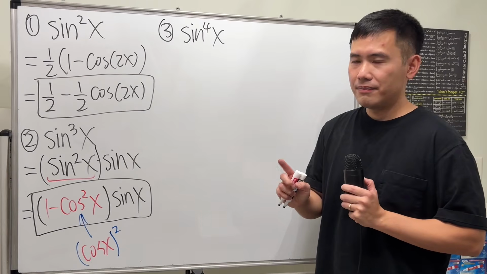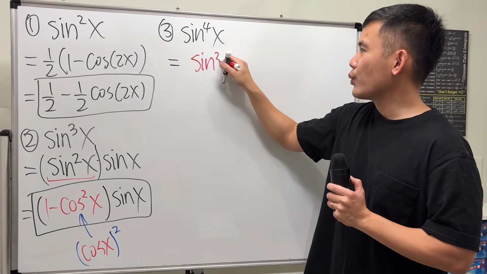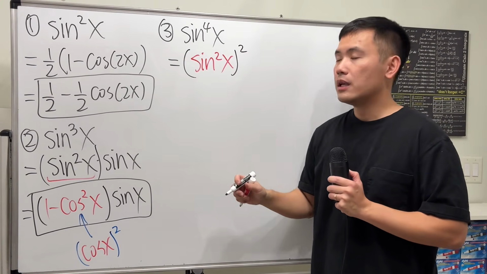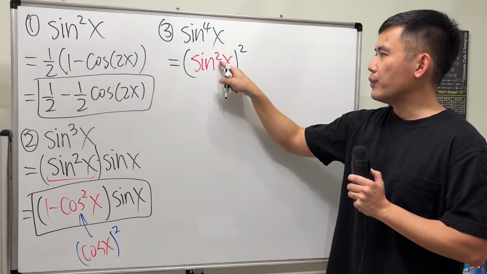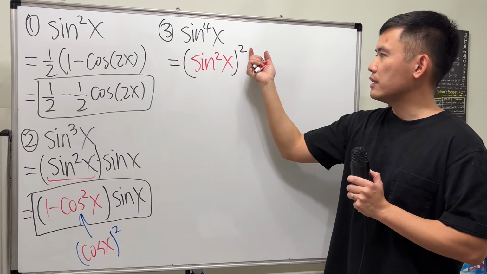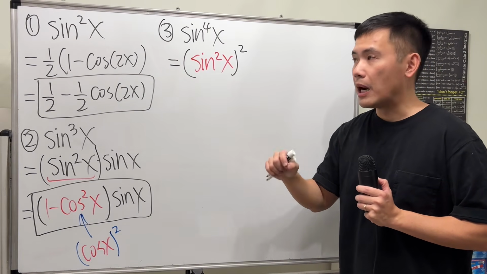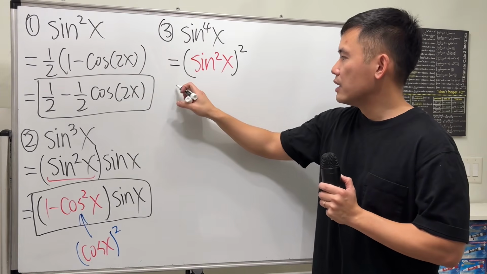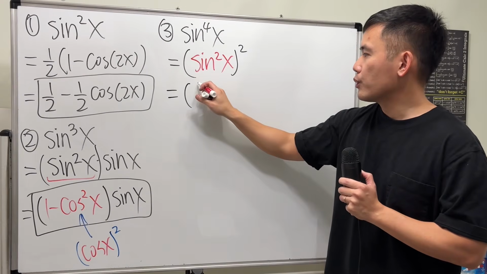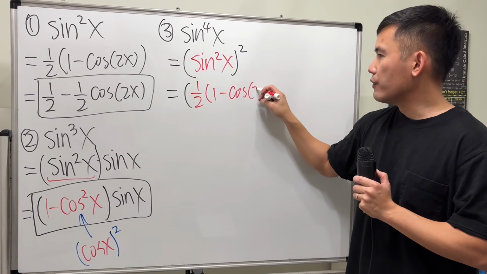Instead, we are going to look at this as sine square x, squared. Remember, I gave you the identity for the square. The fourth power is of course the square and then square. Now, we are going to try to reduce the power just like the first one. So we will be using the same identity right here, which is 1/2 times 1 minus cosine of 2x.